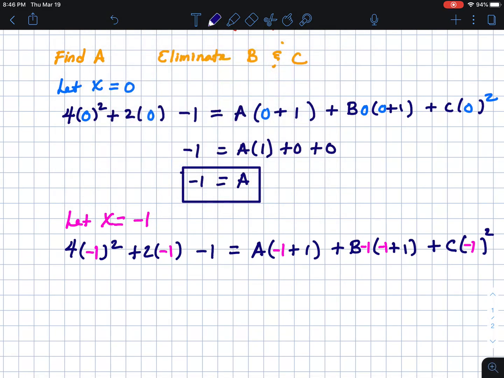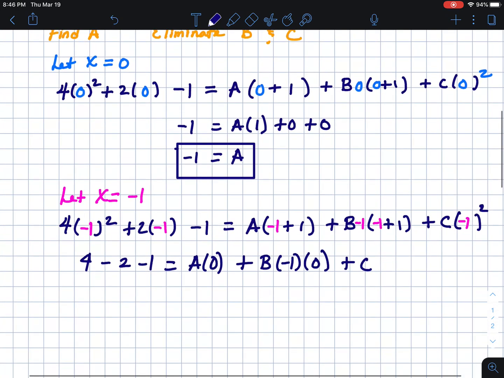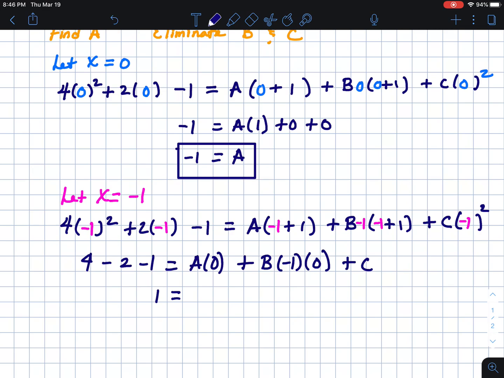Therefore, we're left with 4 minus 2 minus 1 equals a times 0 plus b times -1 times 0 plus c. So we're left with 1 equal to c. So c equals 1.